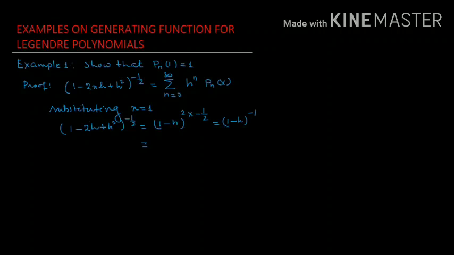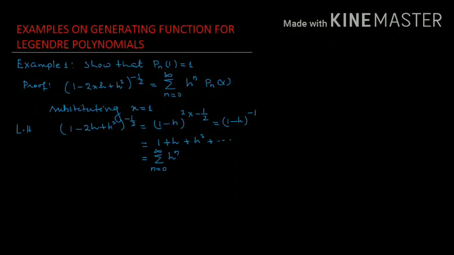Let us apply binomial theorem. So this is 1 plus h plus h square and so on, which is equal to summation h to the power n. Here n runs from 0 to infinity.